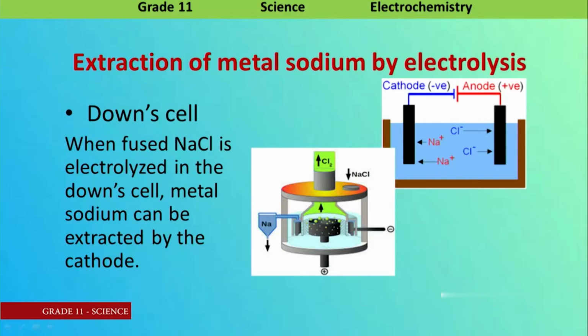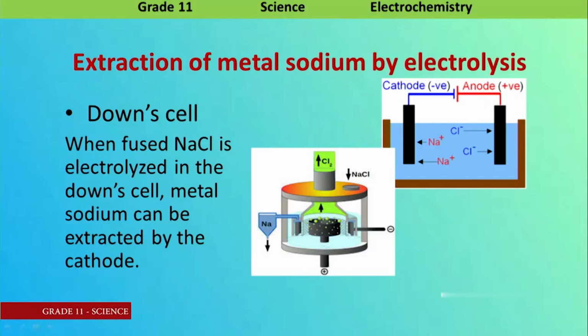Thereby, we can obtain sodium metal from the cathode. But in this setup, there is no method to extract or separate sodium metal from the cathode. For that, there is a specially designed cell called the Downs cell.